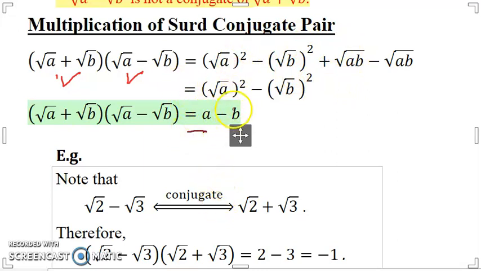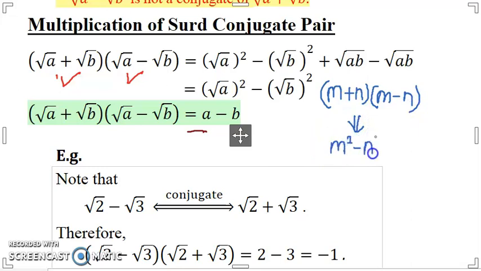If I want to summarize everything fast enough, we need to recall the knowledge that you learned before in your secondary level, where you have m plus n multiplied with m minus n, so the corresponding result we produce is m squared minus n squared.